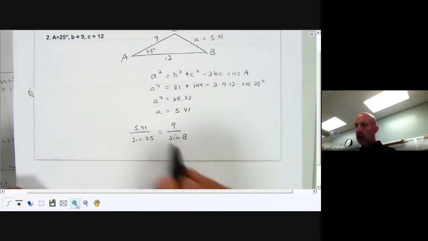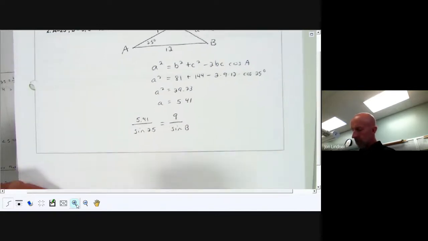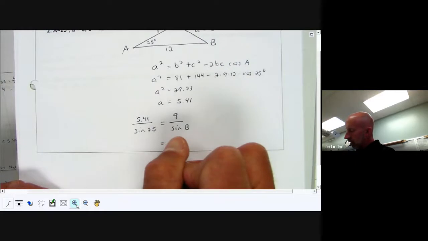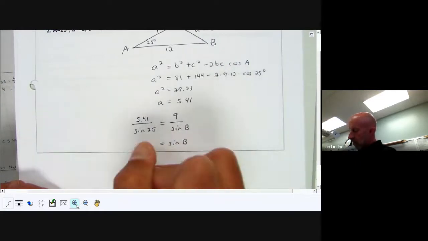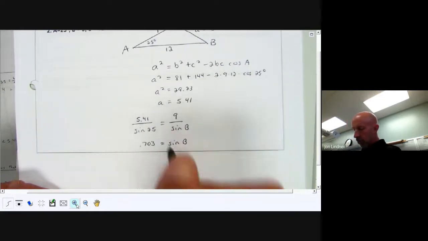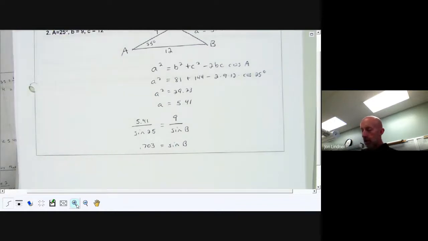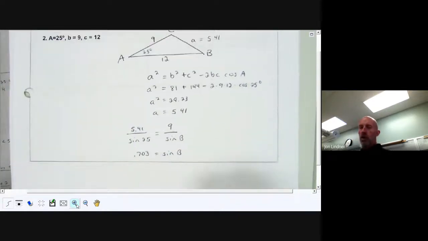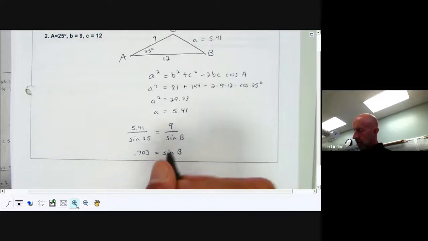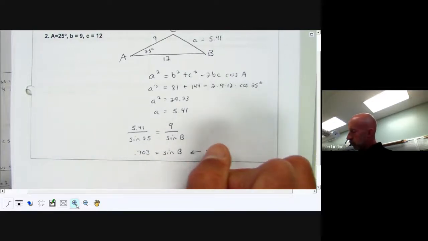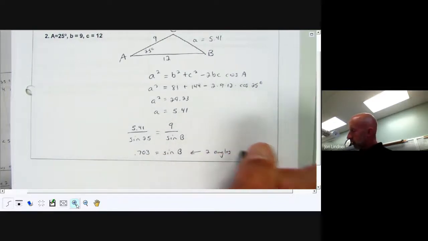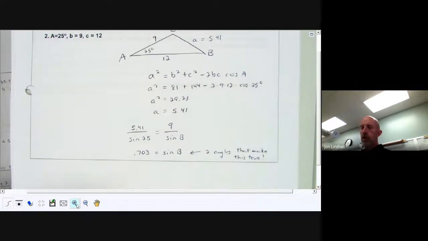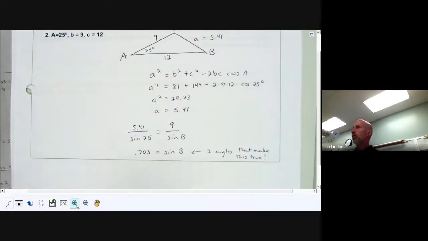And when I do my calculator work, cross multiply, divide, and so on, I get that the sine of B equals 0.703. All right. Now, if you remember when we talked about the law of sines, there are two angles that make this true. The good news is we don't have to do all the work that we did on the law of sines.